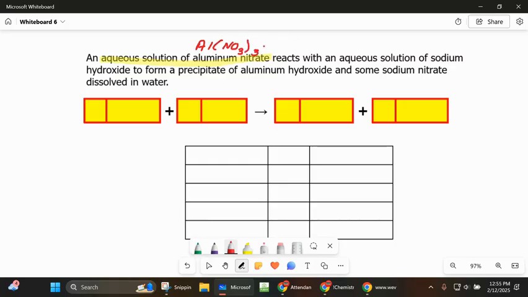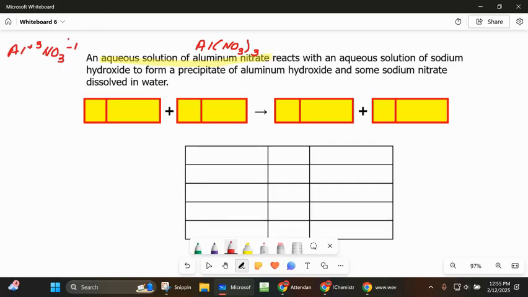Okay. Can I ask why you put the NO3 in parentheses with the 3? Because you can't combine the 3 that you bring over from aluminum. So aluminum's a plus 3. Okay. So if you remember, for aluminum nitrate, aluminum is a plus 3. Nitrate, NO3, is a minus 1.